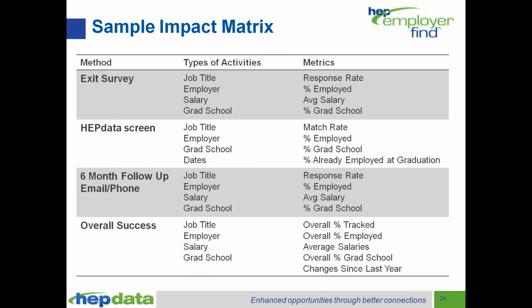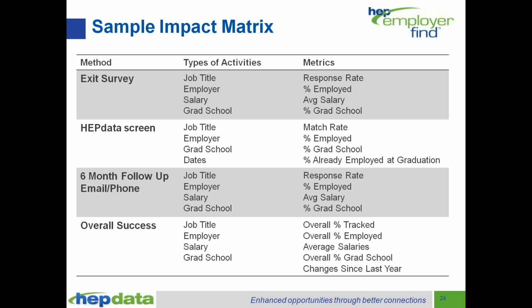So here's a sample impact matrix that you can use as part of your career services. What you want to do is try and track the effectiveness of each one of the methods you use to collect data. So for instance, we have an exit survey, the type of activities, the data you're trying to collect, things like job title, employer, salary, did they go on to grad school.